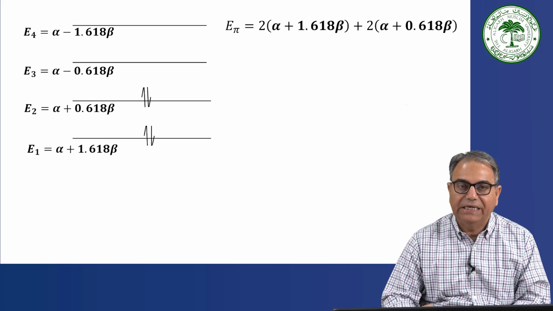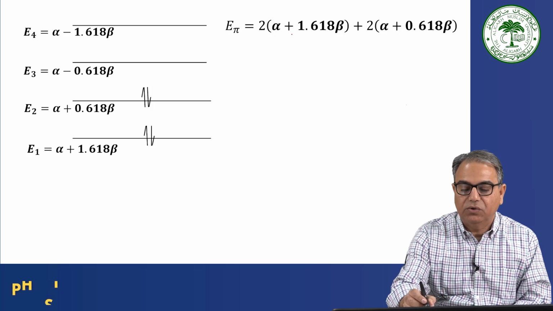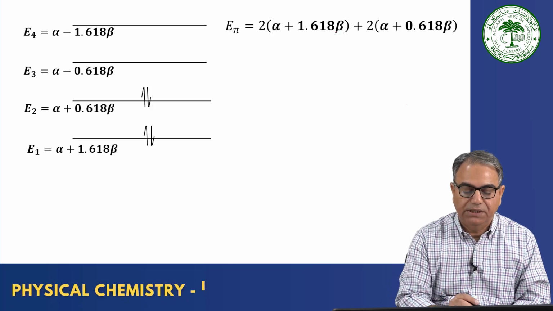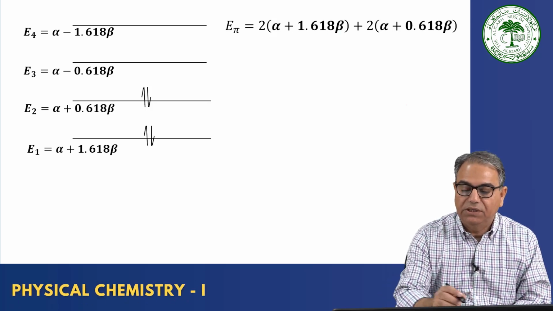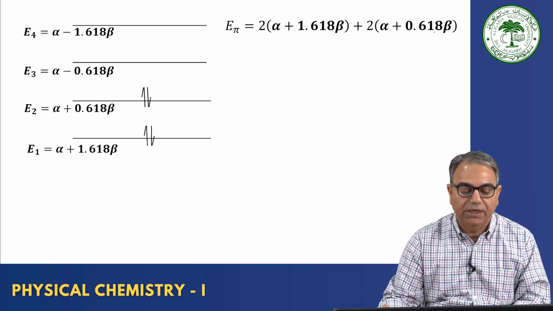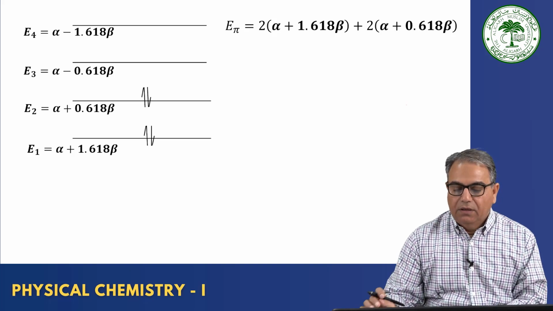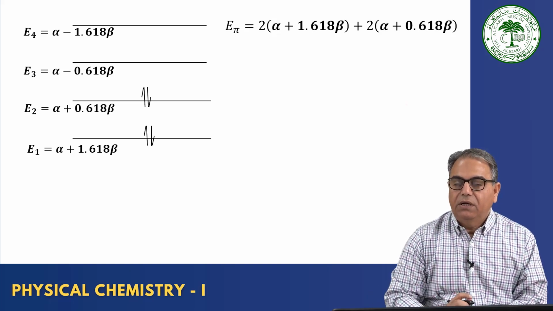If we calculate the energy of these electrons, you have 2 electrons in E1, so 2 times alpha plus 1.618 beta, and 2 electrons in E2, so 2 times alpha plus 0.618 beta, which is the total energy of the 4 electrons present in the bonding molecular orbitals of the butadiene system.